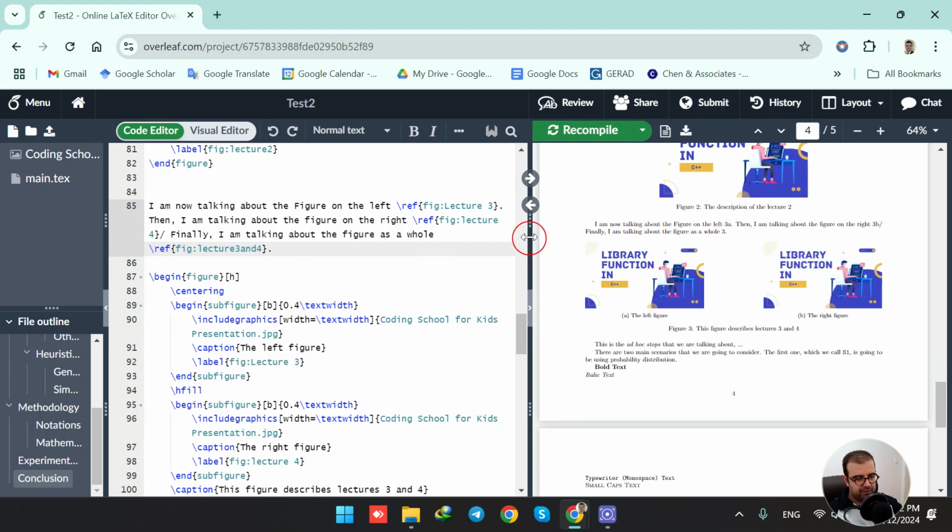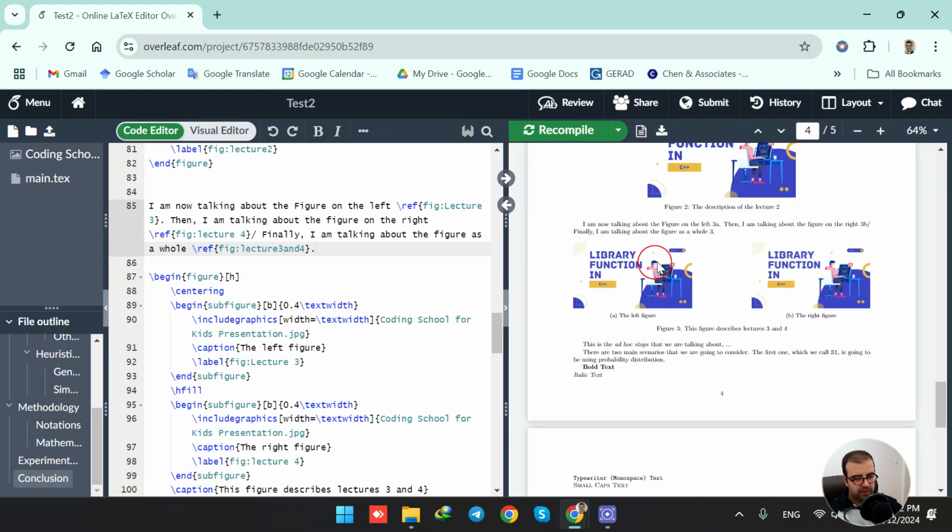okay, so you see here I'm now talking about the figure on the left, which is 3a. So 3a is cited here exactly in the text because we were referring to this label. Then I'm talking about the figure on the right. We have 3b. Sorry, this is a typo.